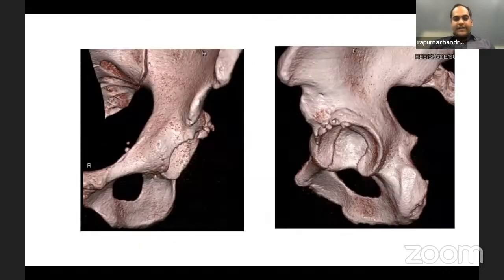So I normally get 3D printed CT scans for all my patients planning for hip arthroscopy. Here you can see that there is a subspine impingement and a pincer impingement between 11 and 1 o'clock position, and at 1 o'clock you can see there is also a type 3 subspine as well.